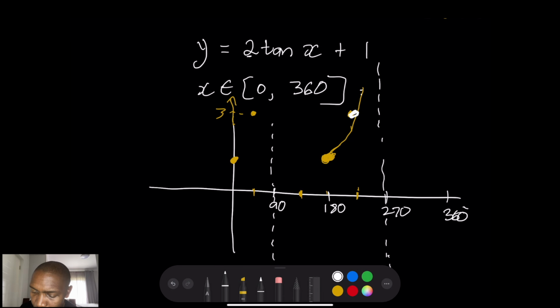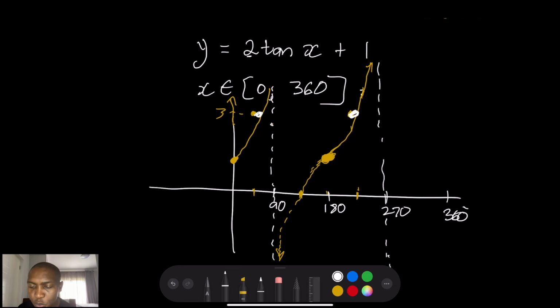Okay, there's my graph there, something like this, and this one here does the same. I'll have to just change that asymptote there, sorry, that 45.